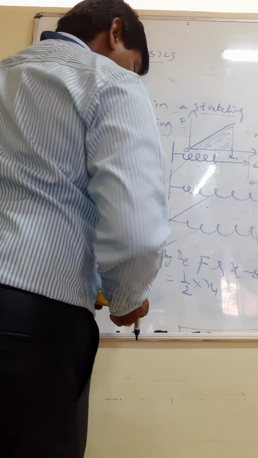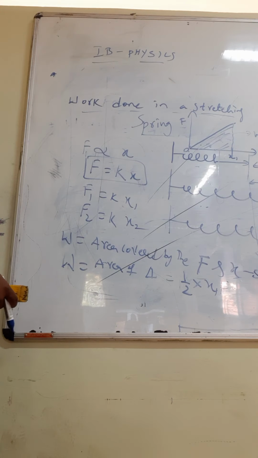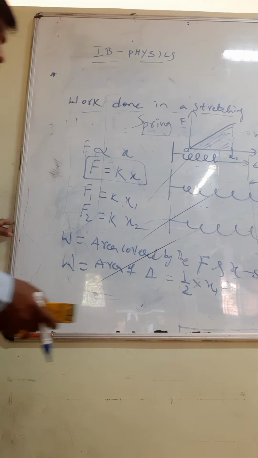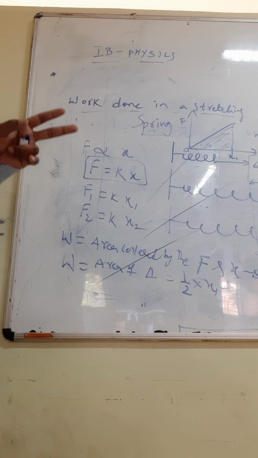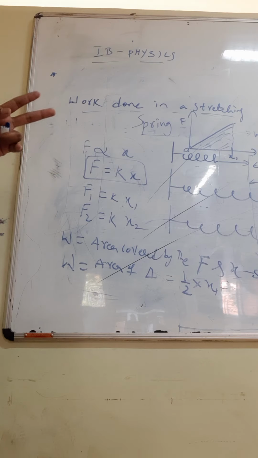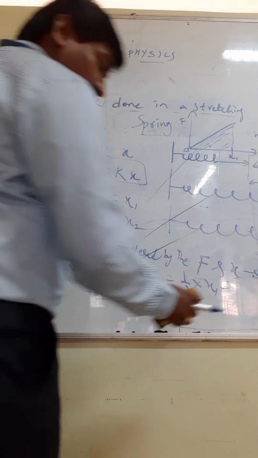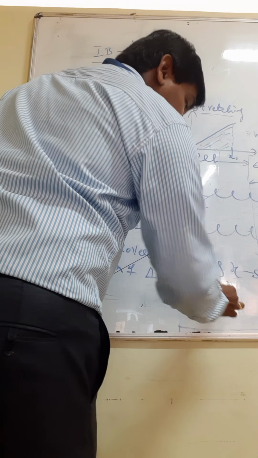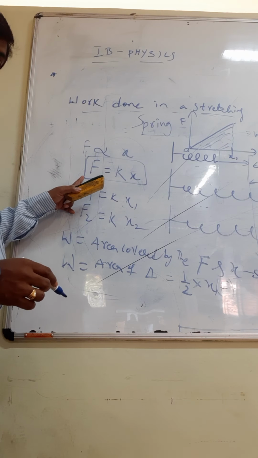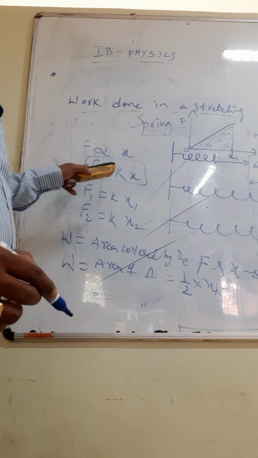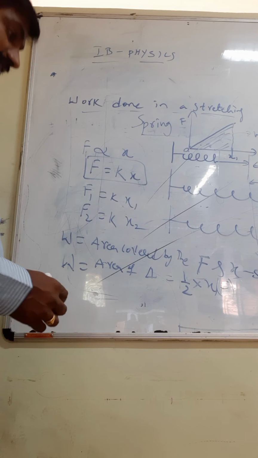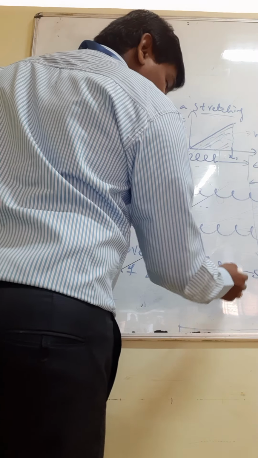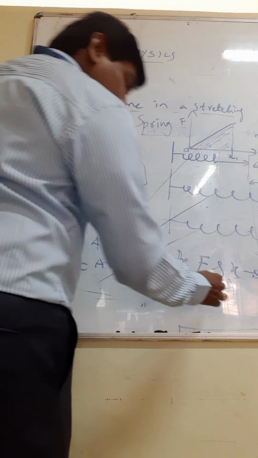So half into base into height. The height is the force, which from Hooke's law we have studied is kx, right? This is with respect to the application of force F1.